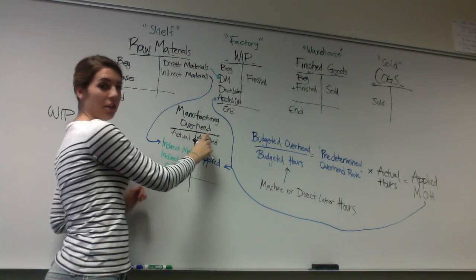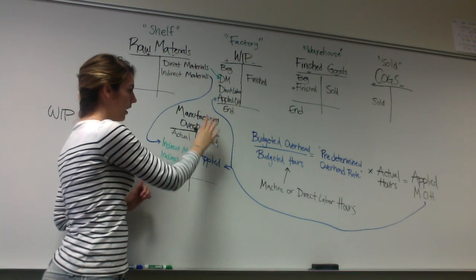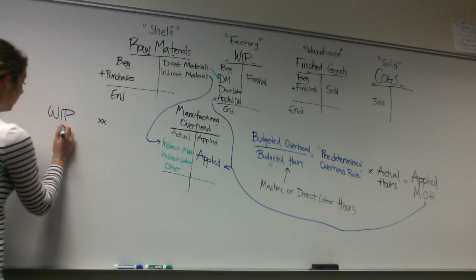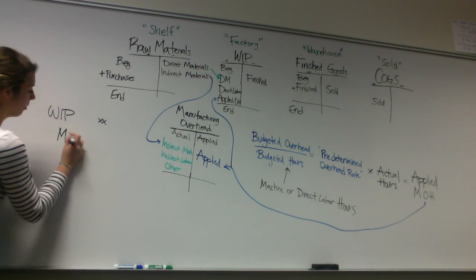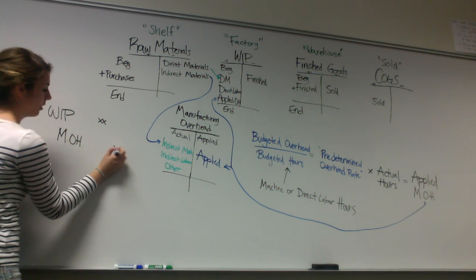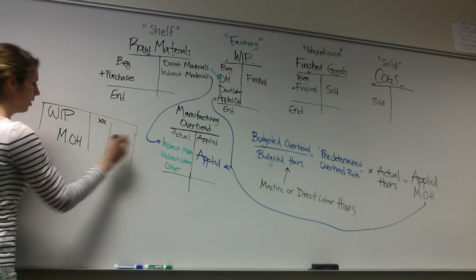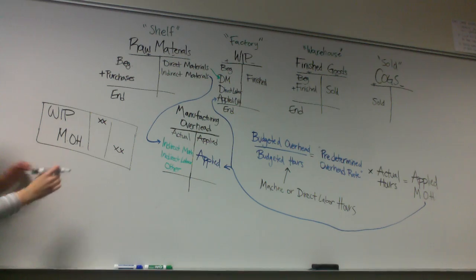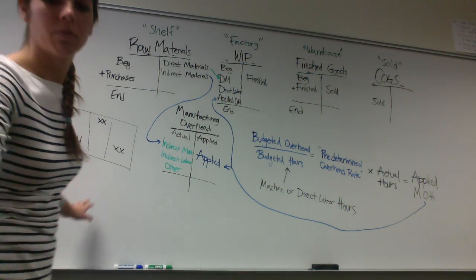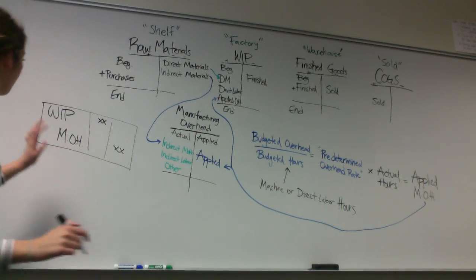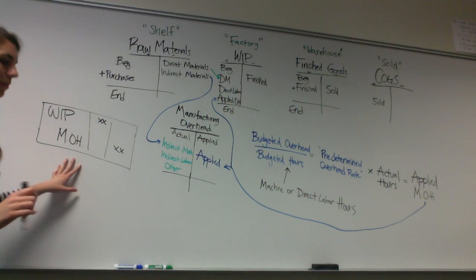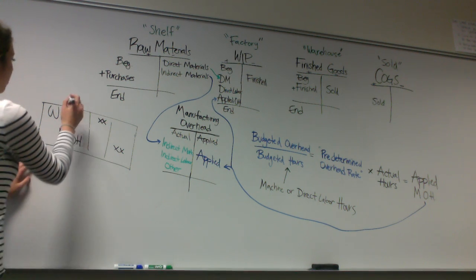So debit, credit, right? So it's credited here to manufacturing overhead, which I'm just going to abbreviate MO. So this here is our journal entry for applying overhead.